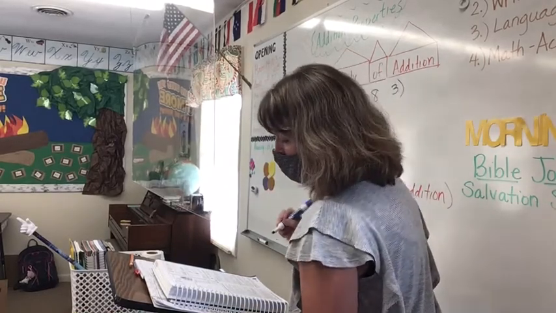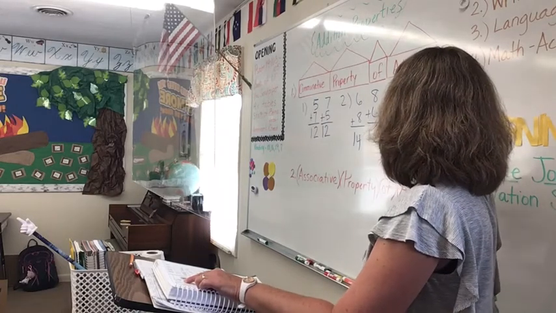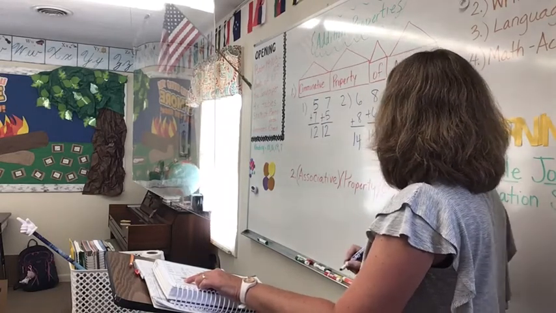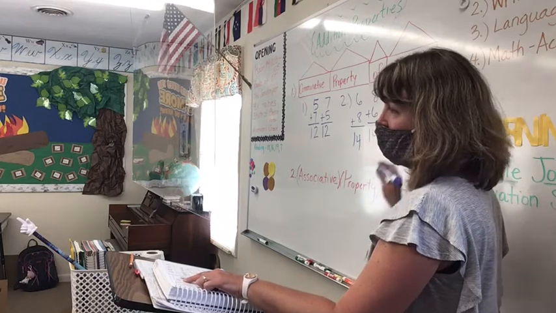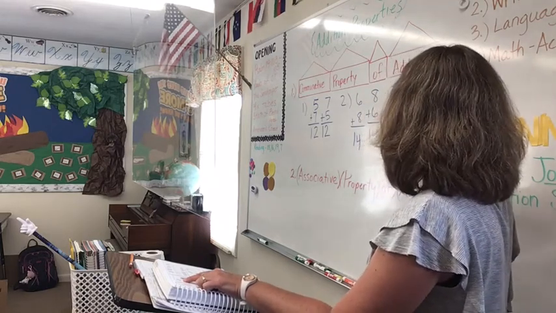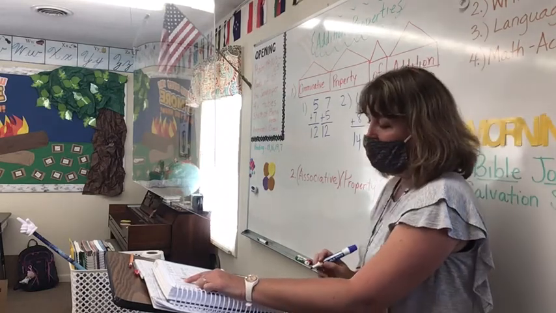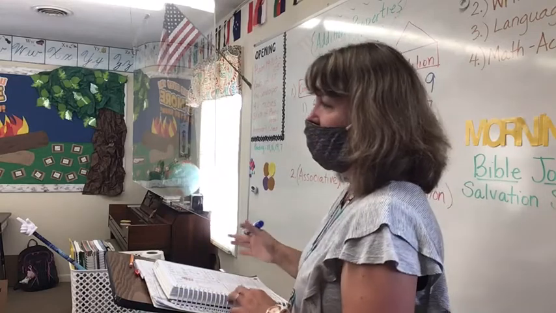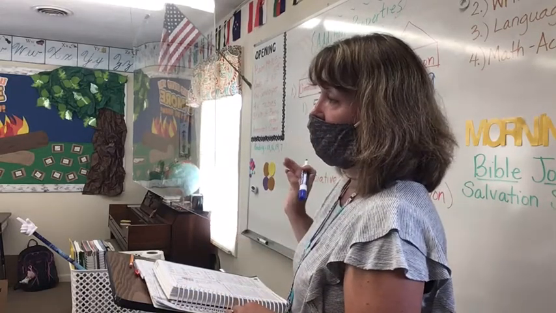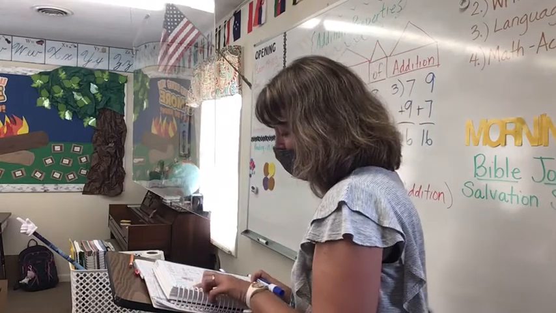Number 3, 7 plus 9 equals 16. What's the related addition fact? 9 plus 7 equals 16. It seems easy, but every once in a while you're going to have to know that and remember it.